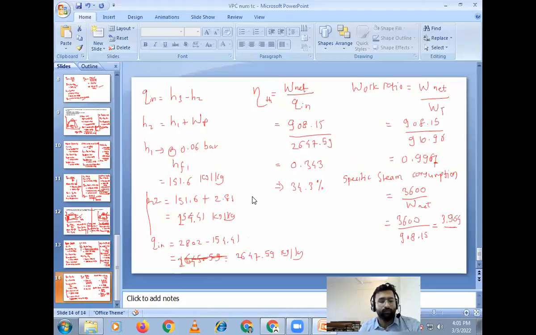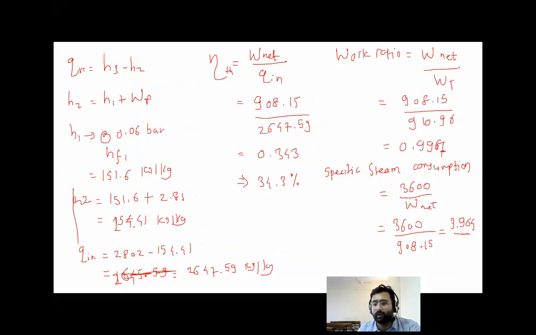So the unit for specific steam consumption is kilogram per kilowatt hour. Please write down the unit. And there is no unit for work ratio because in the numerator we have kilojoule per kg, in the denominator we have kilojoule per kg. Both get cancelled. There is no unit for work ratio.